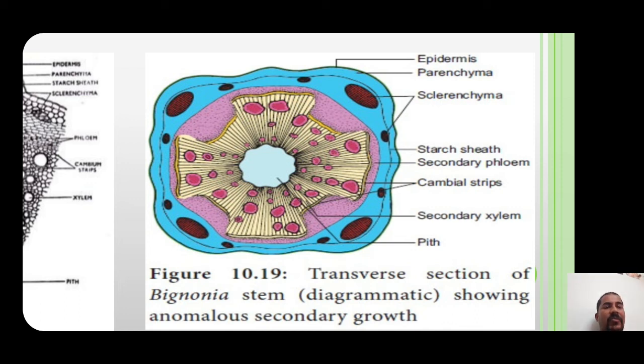Both these types of strips have different activities, and due to that there is the formation of ridges and furrows. Here the 4 larger strips are present towards the outer side, while the 4 smaller strips are present towards the inner side of the stem, in yellow color.